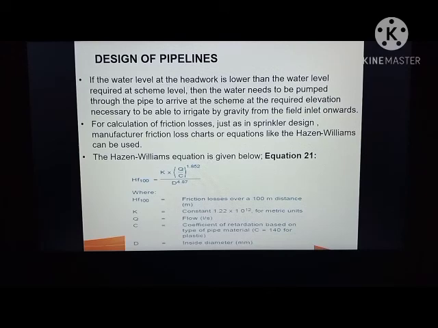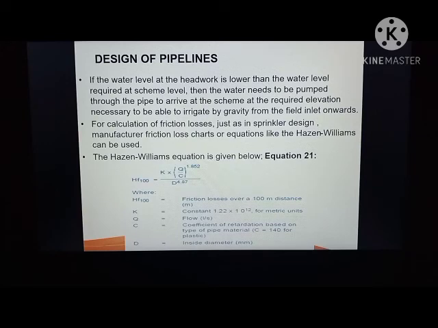The Hazen-Williams equation is given. HF100 equals K multiplied by the quantity of Q over C, raised to the power of 1.852, over D raised to the power of 4.87, where HF100 is equal to the friction losses over a 100-meter distance.